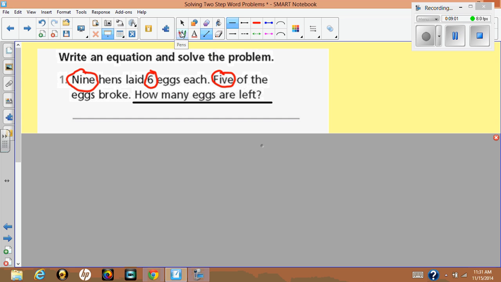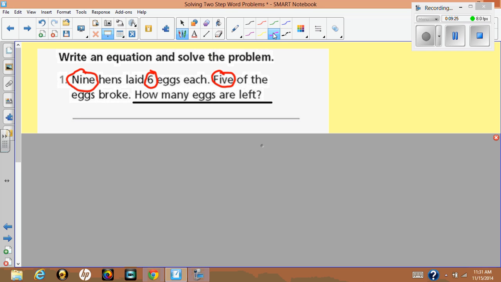Now let's take step 3, which is to box the keywords. So to box them, we want to make sure that we read the word problem one more time. 9 hens laid 6 eggs each. 5 of the eggs broke. How many eggs are left? There are 2 key words I see.